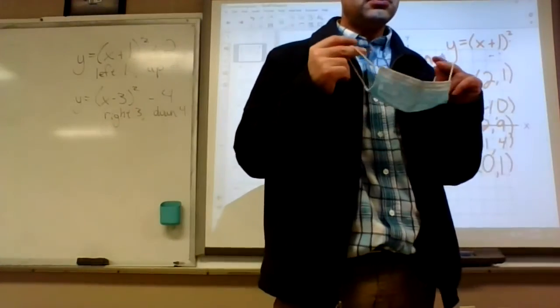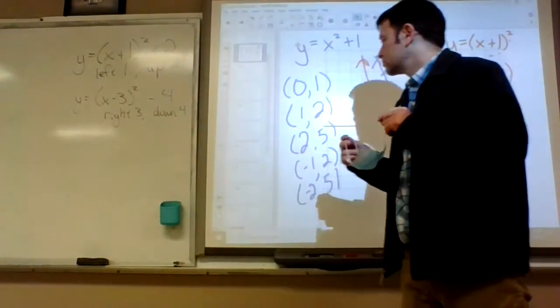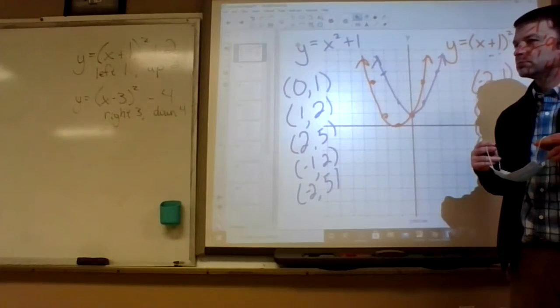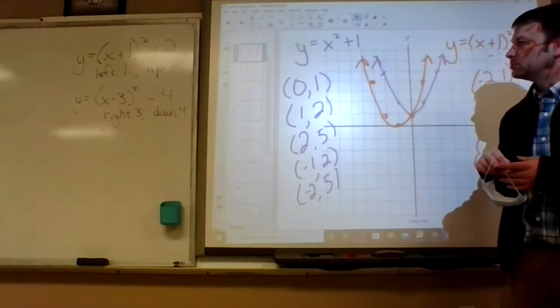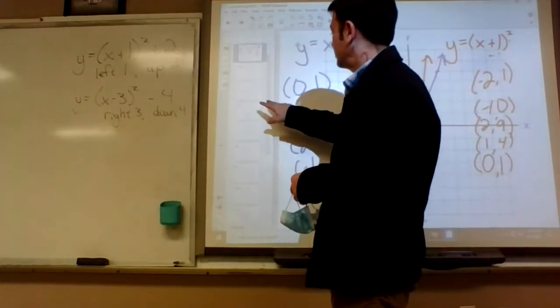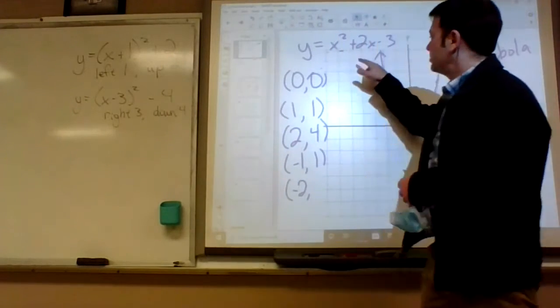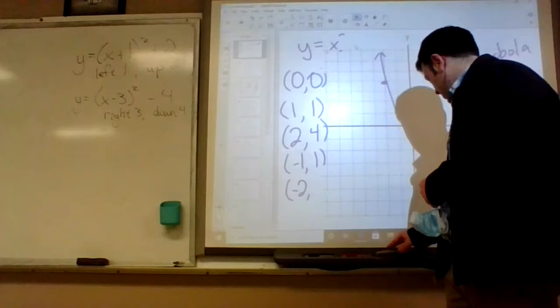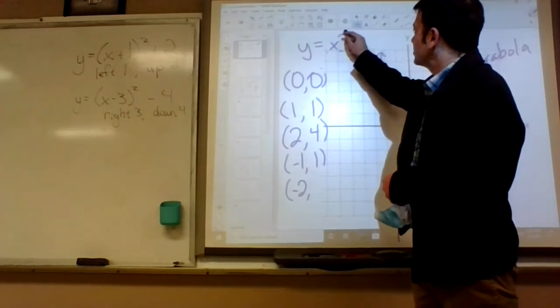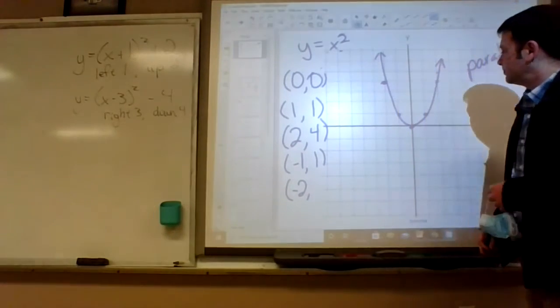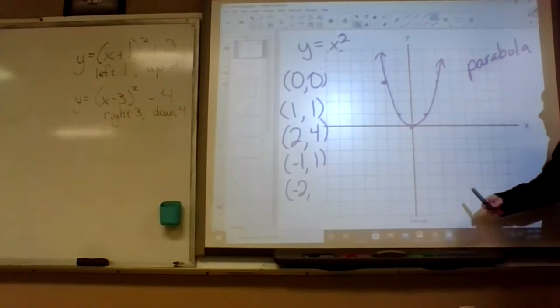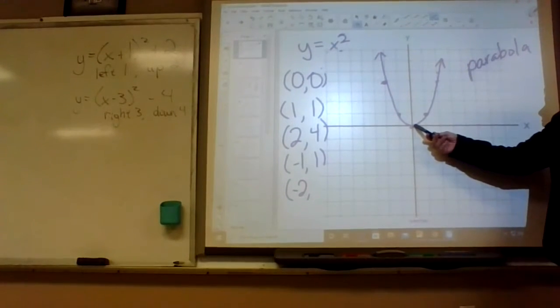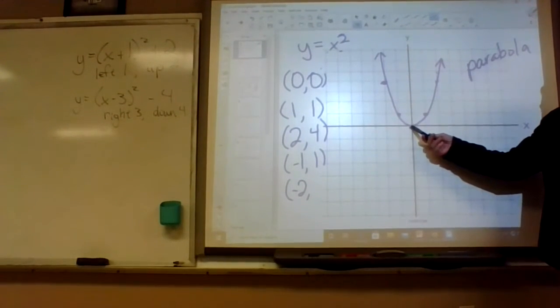Where did we do one that started at the origin? It was just y equals x squared. I feel like back when I did this problem, the smart board was actually working. Anyways, a normal y equals x squared starts at the origin.